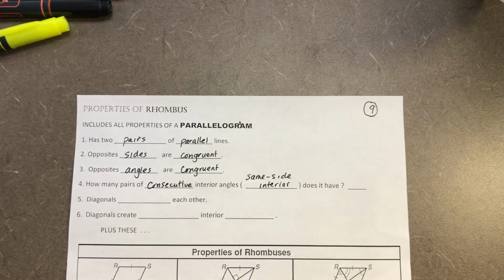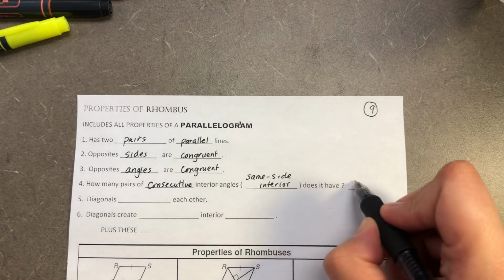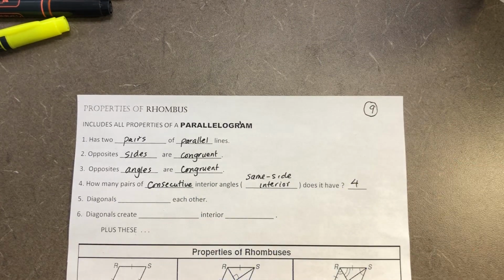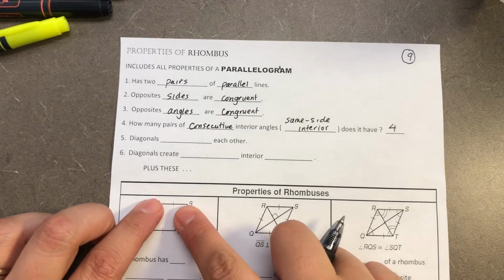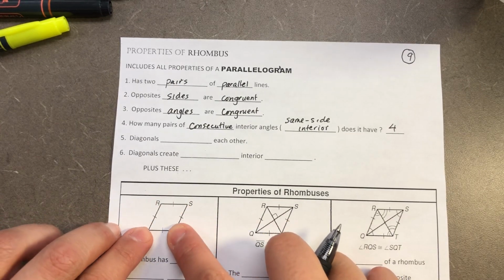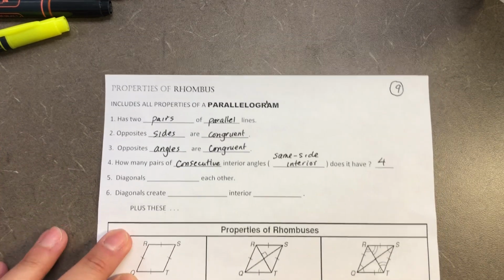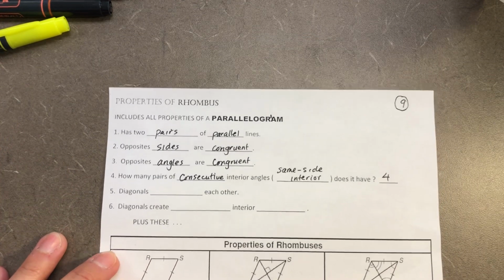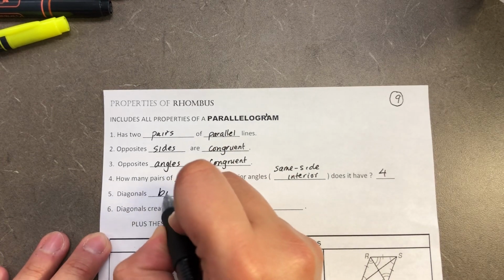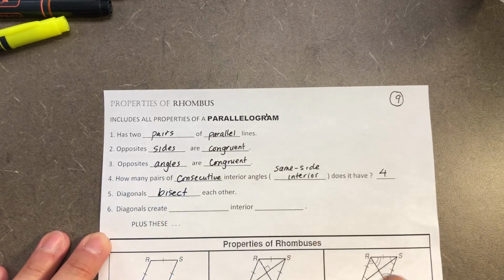And if you remember from last time, it has 4 of them. It has 2 on the top, 2 on the bottom, and then this side, and then this side right here, these 2. The diagonals of this rhombus still bisect each other. That has not changed.